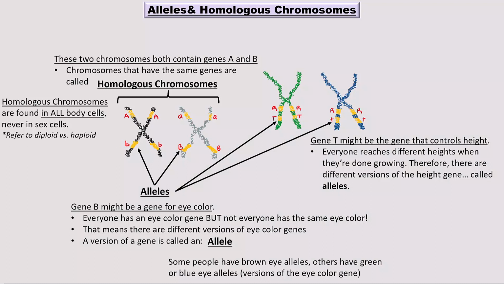It's also important to note, all body cells, on the left-hand side of the screen, I forgot to mention, all your body cells have homologous chromosomes, meaning every cell in your body, except for sex cells, have two chromosomes with the same genes. One was from mom, the other was from dad. And these chromosomes are also homologous because they do have the same genes, maybe different versions, but still gene R and gene T are on both.